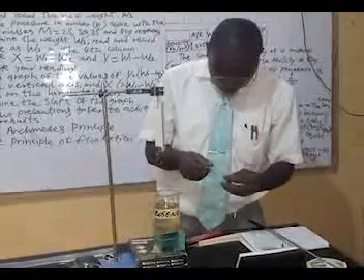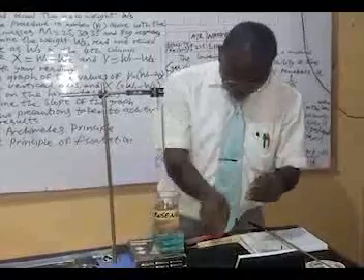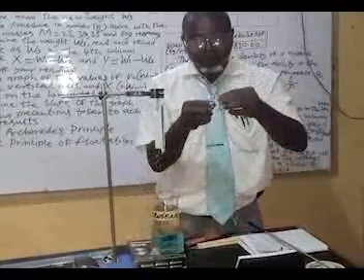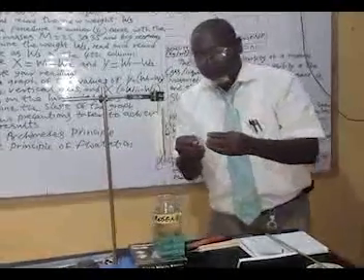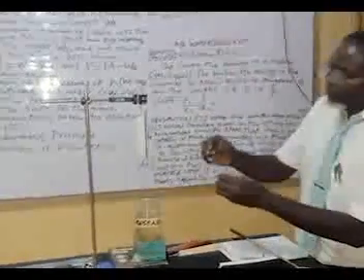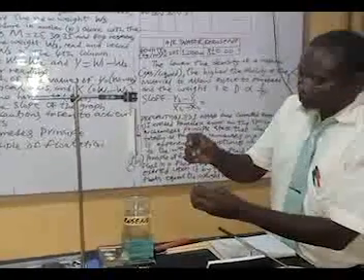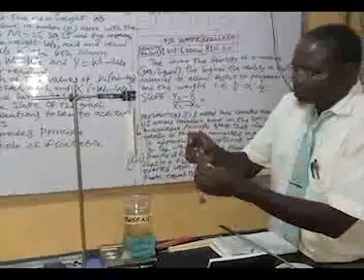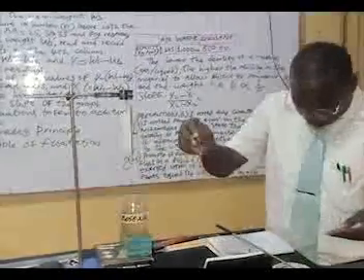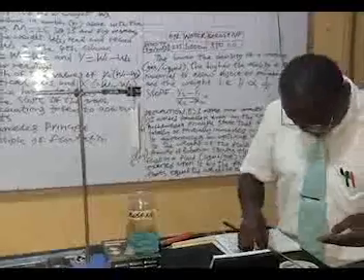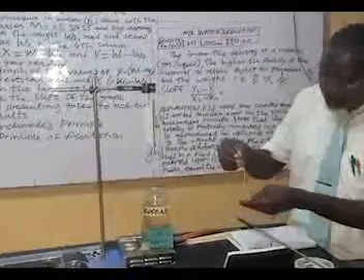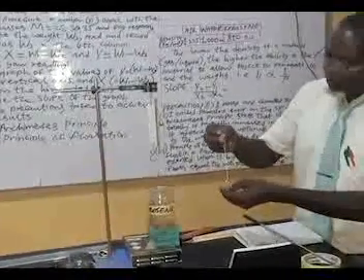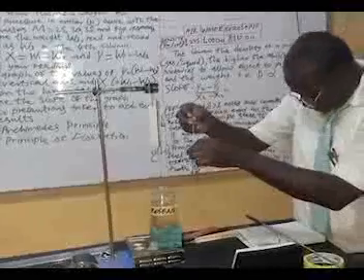We start with 20 gram. This is 20 gram. We lower it gently with both hands. You can replace the first thread because that one is wet. Take another one.